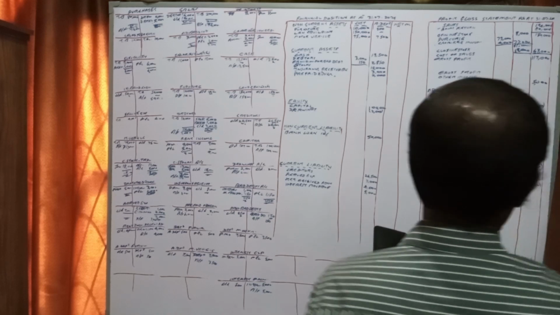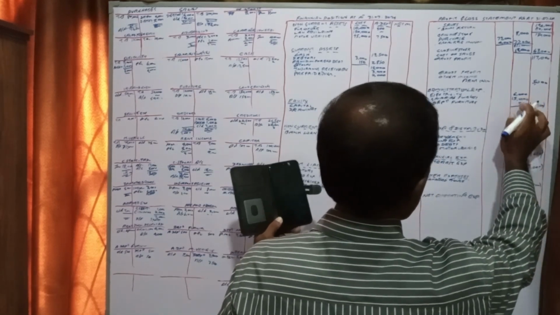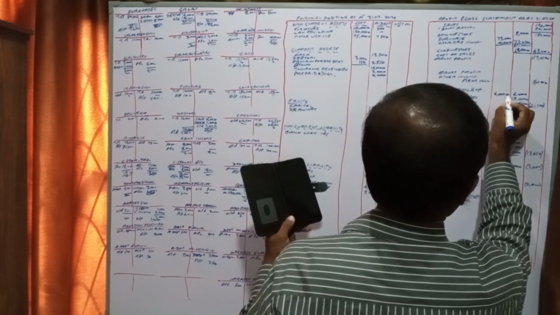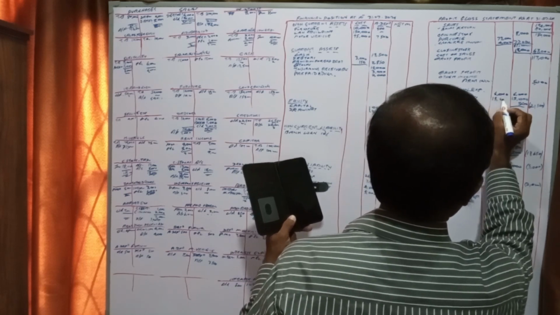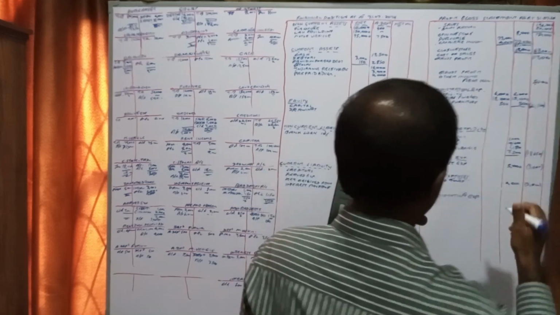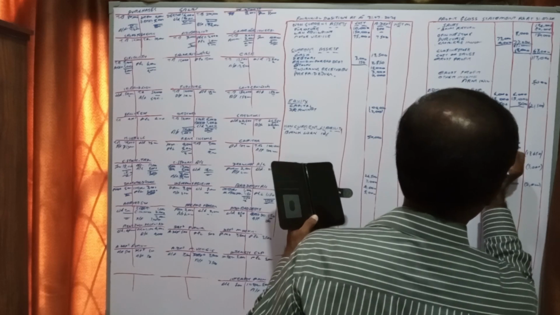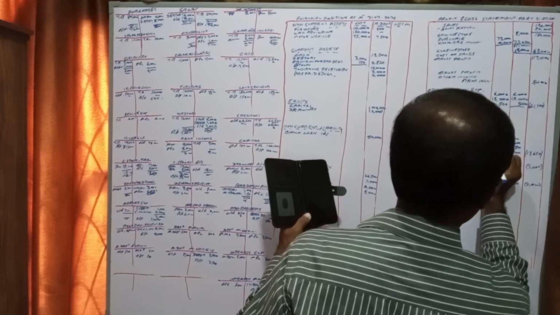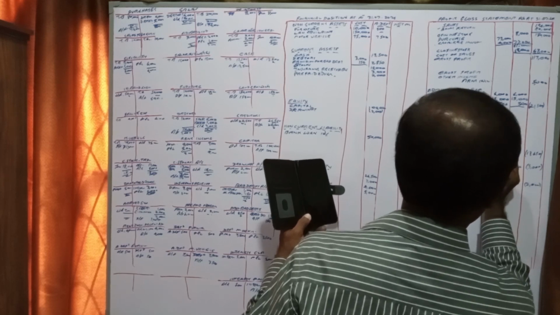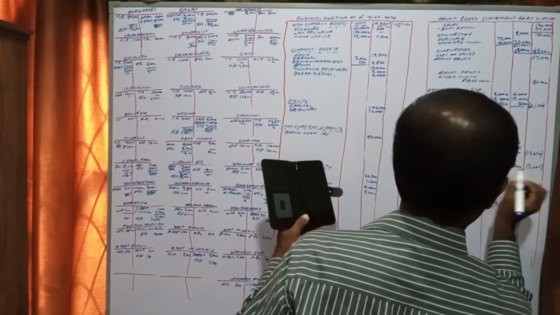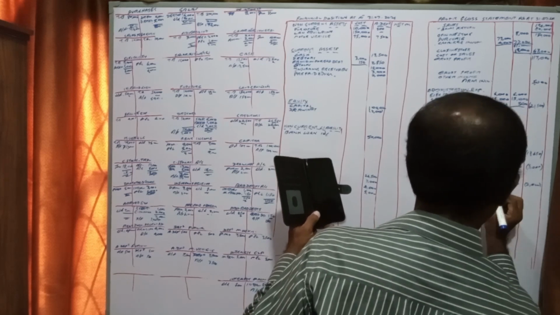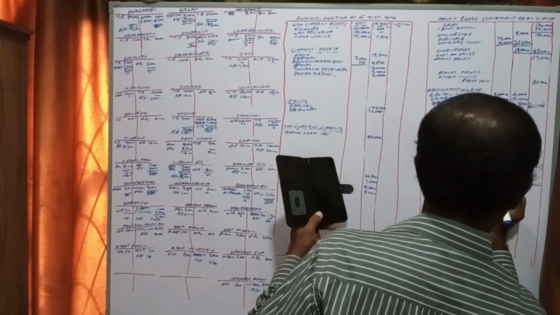Rather than mentioning it here, we have to mention it in the first column, right? 6,000, 15,000, then 500, right? So this is 1,000, this is 4,000, 1,150 and 7,500, right? This is 5,000, right? This is 2,000.